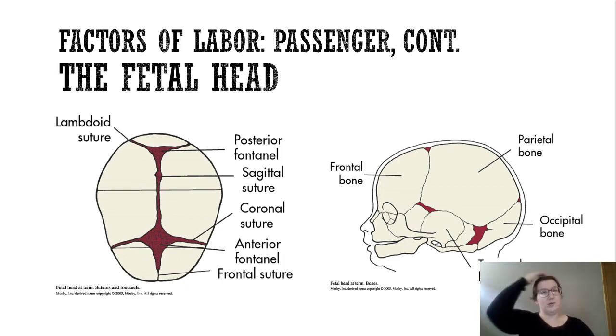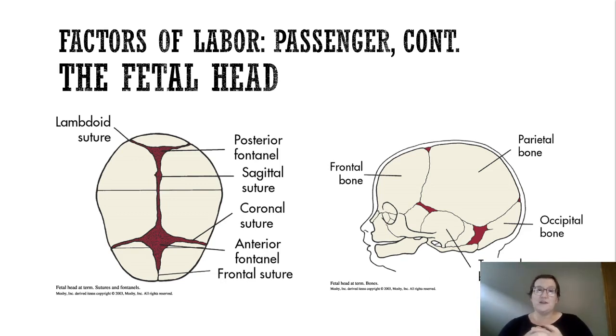You can feel whether those are open, which sometimes, eventually they will spread out and open, or you might see it with a C-section delivery as well. Or those suture lines might be overlapping, and they would overlap during the vaginal birthing process as the head is squeezed through the passageway.